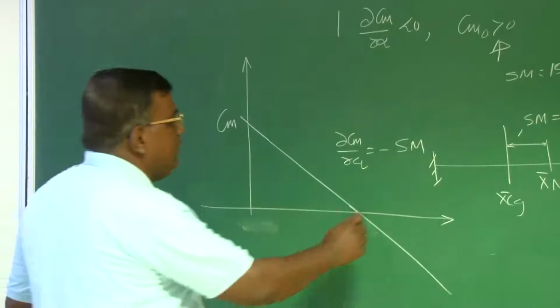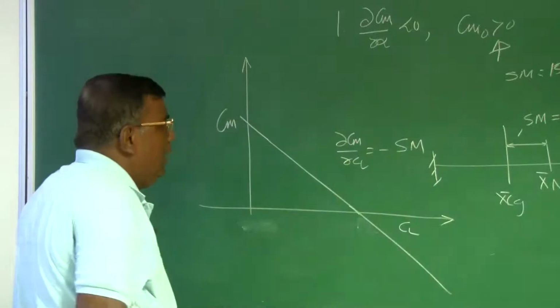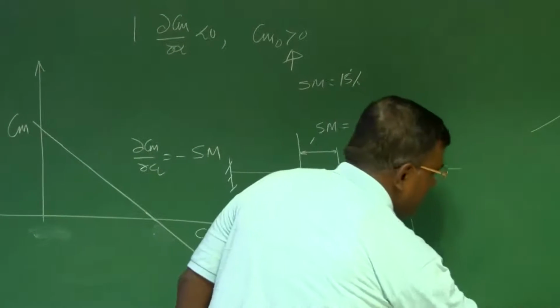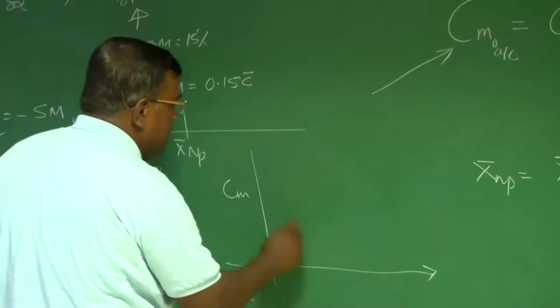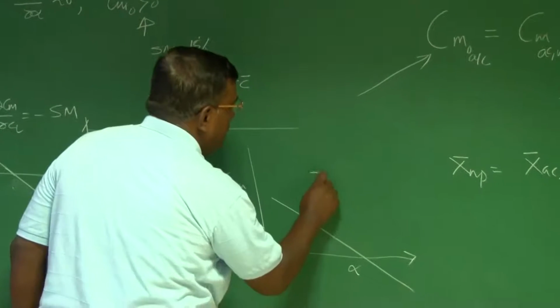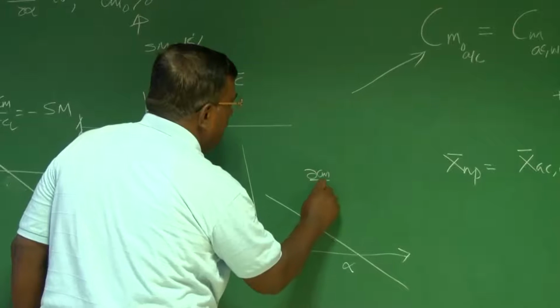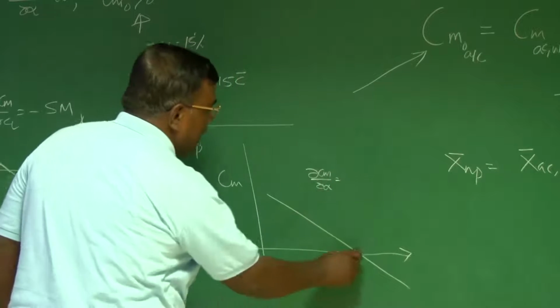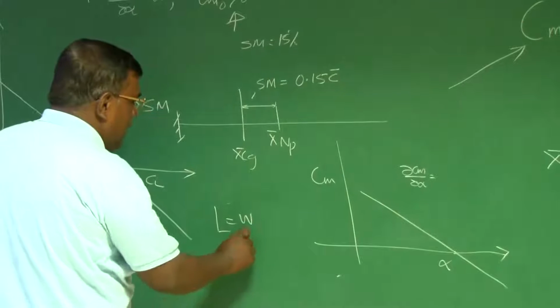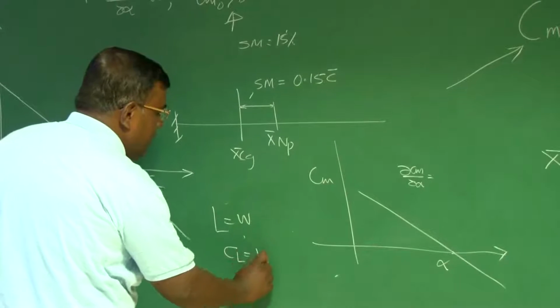Once I know Cm versus Cl, I can easily start visualizing it in terms of Cm versus alpha, where this slope now will be dCm by d alpha. And this alpha I can easily get from lift equal to weight. I know what CL requirement is there.